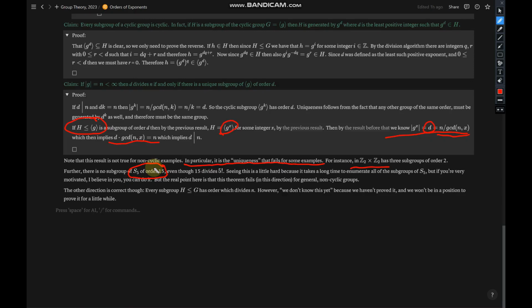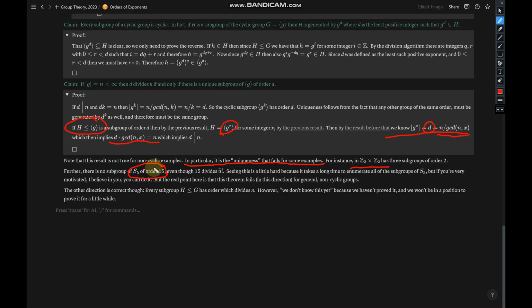So 15 divides the order of S5. Recall S5 is the group of permutations of 5 elements. It has order 5 factorial. Definitely that has a factor of 3 and a factor of 5, so 15 divides that order. And yet there is no subgroup of order 15. Showing you that there's no subgroup of order 15 involves showing you all of the subgroups, or at least that would be the most straightforward way to do it.